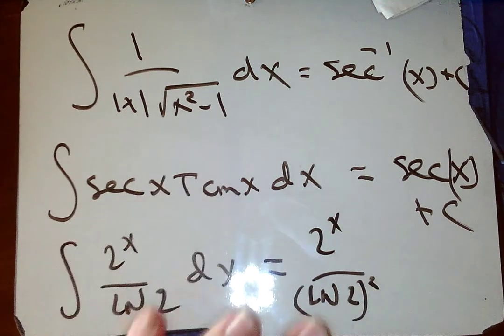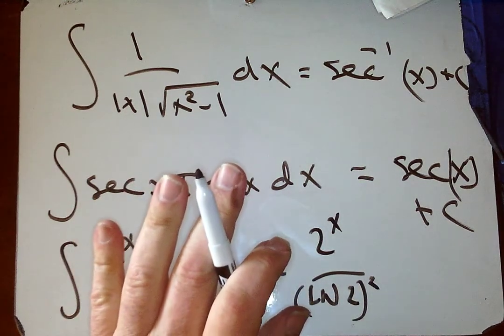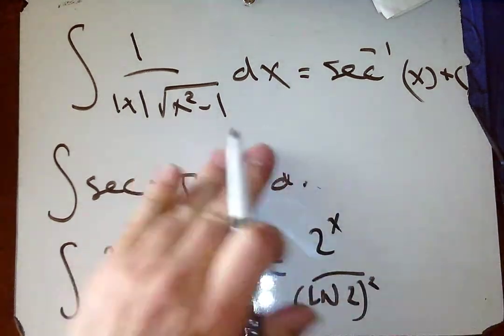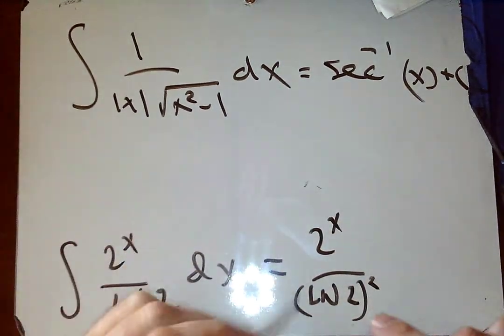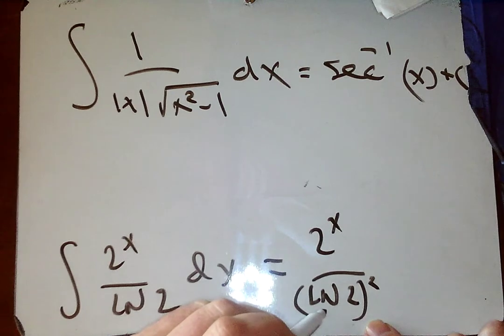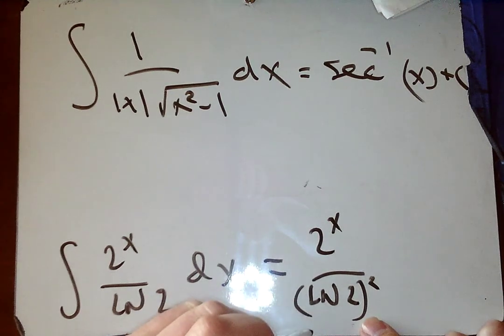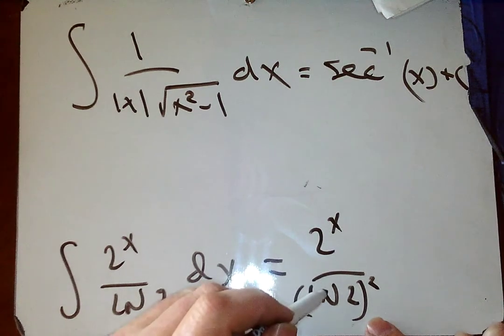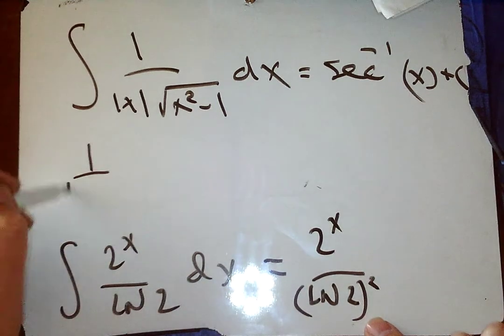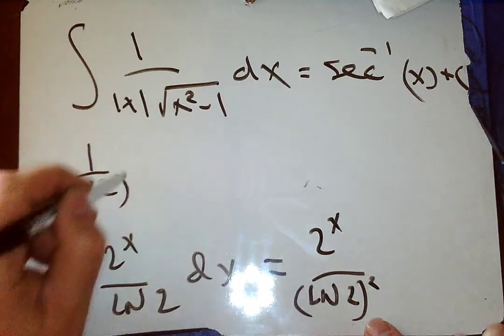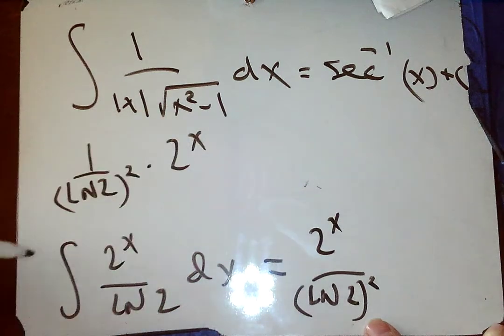And again, if you're not sure, and trust me, you're going to be not sure, you really, really should take the derivative of what you think the antiderivative is. Please don't use quotient rule here. Please think about this as 1 over ln of 2 squared times 2 to the x.